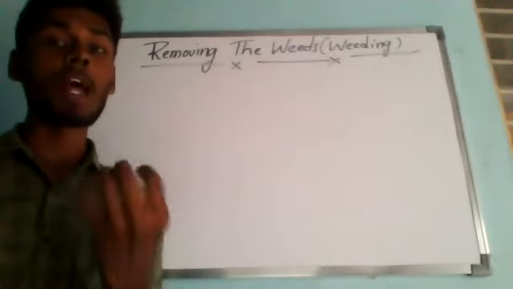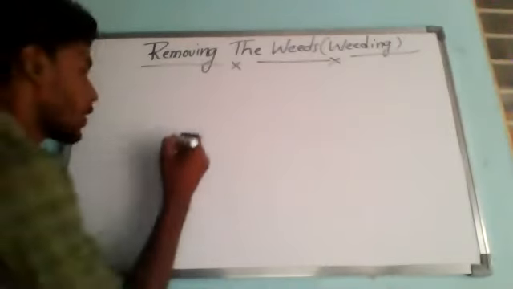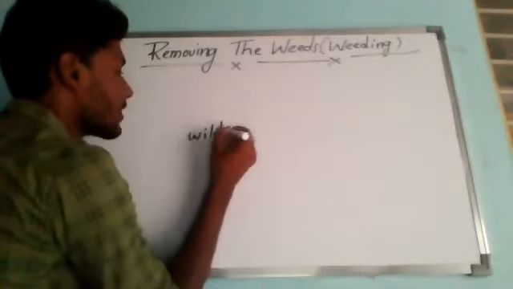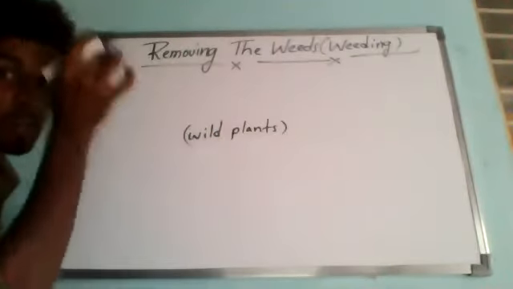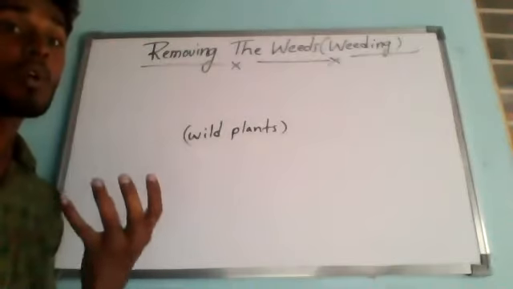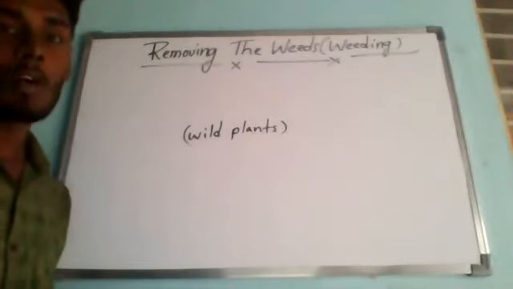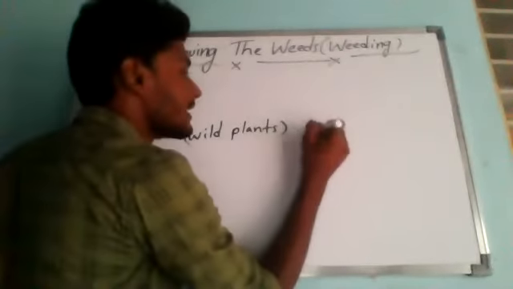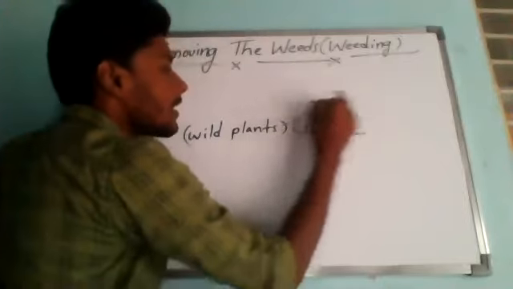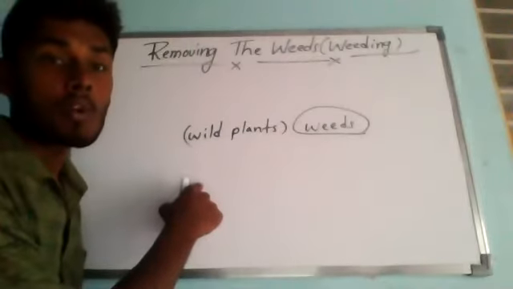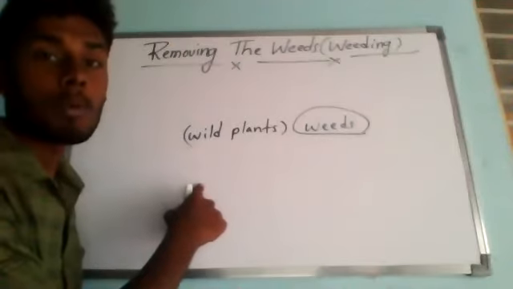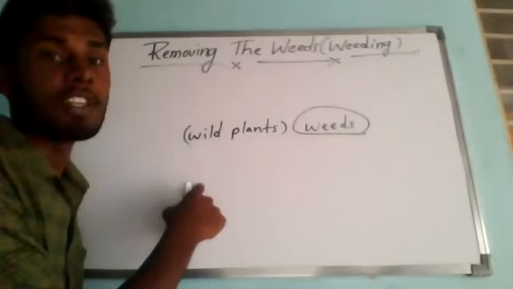These unwanted plants, or wild plants, because they come from nature, which grow along with a cultivated crop, are called weeds. What is it? Unwanted plants or wild plants which grow along with a cultivated crop are called weeds.